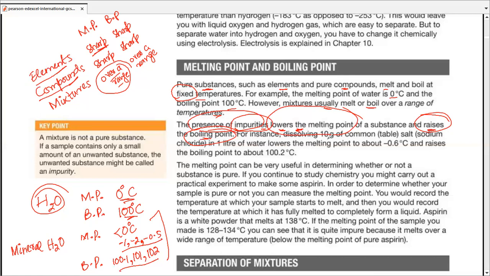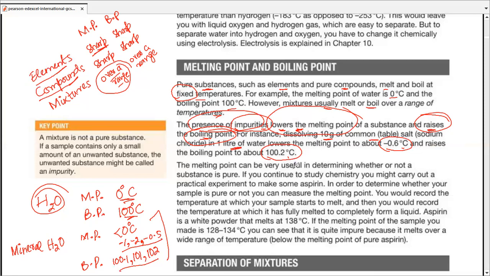For example, just dissolving 10 grams of common table salt in 1 liter of water lowers the melting point about this many degrees centigrade and raises the boiling point about this many degrees centigrade, from 100 to 100.2 and from 0 to negative 0.6 degrees centigrade. Although the changes are minor, there are changes.